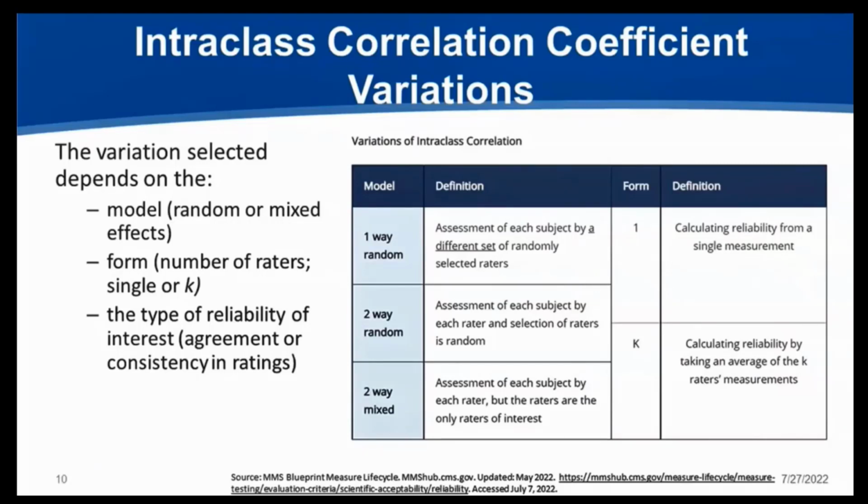And then there are different ways of calculating that ICC based on those. There was a reference to a Koo and Lee paper on a previous slide, and that paper would give a lot more details about how each of these intraclass correlation coefficients would be calculated based on the particular situation.